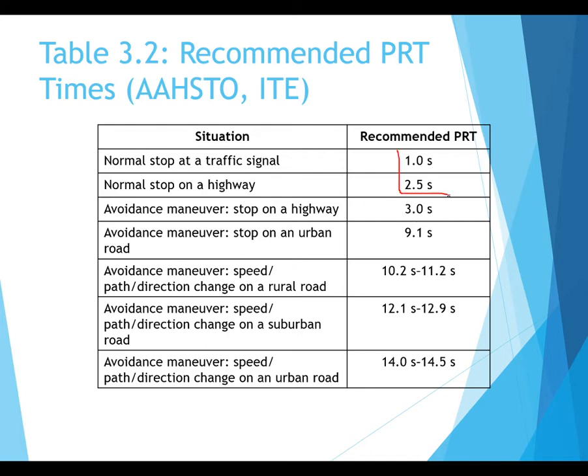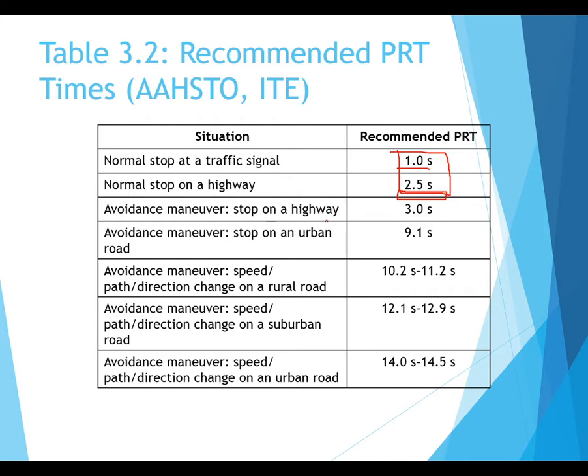We talked about these two. If you're designing a traffic signal, the normal stop at a traffic signal, 1 second or less. 85% of people are 1 second or less. When you talk about a highway and want to stop, you put 2.5 seconds or less. You use this when we put signs for an exit.